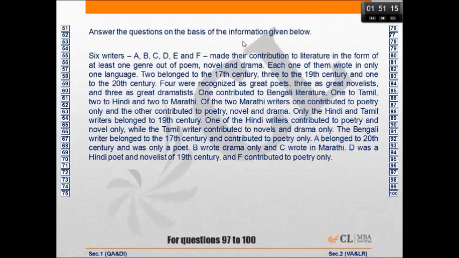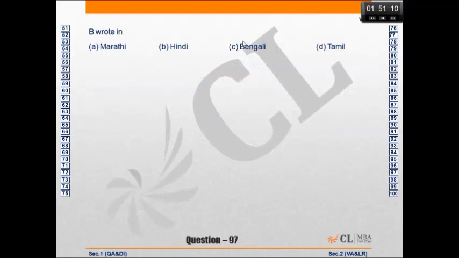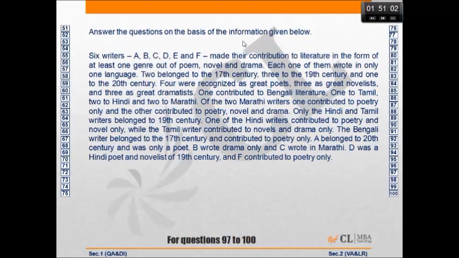Now do I go for this one? We wrote in Marathi. Okay, who's the Tamil writer? No, none of these choices. Let me look at the other one also.